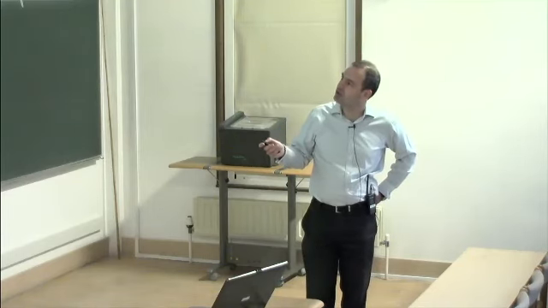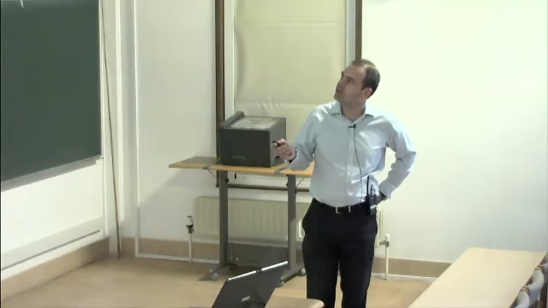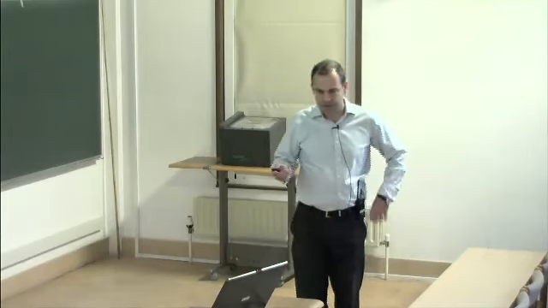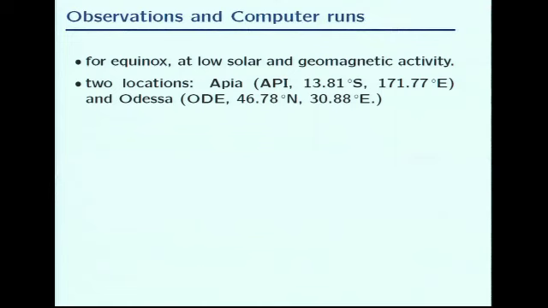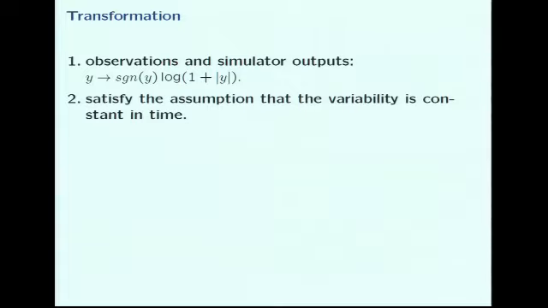So again, I'm repeating myself here, but those two locations are roughly 13 and 46, and we're going to consider runs of the computer models for those locations. I showed you already some runs. I will explain later how we run those runs, but the observations and the simulator outputs are transformed as I presented earlier.